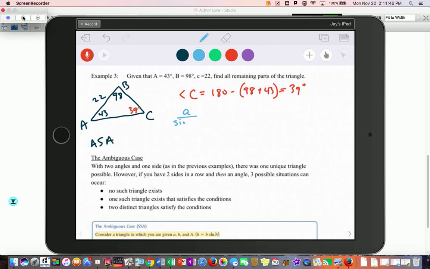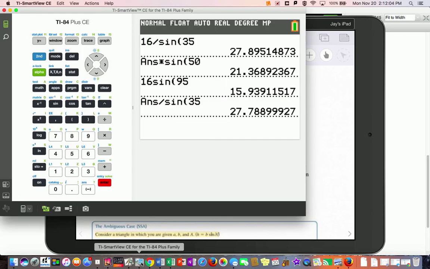So I can do sine of 43 and little a over sine of 43 would be the same as 22 over the sine of 39.